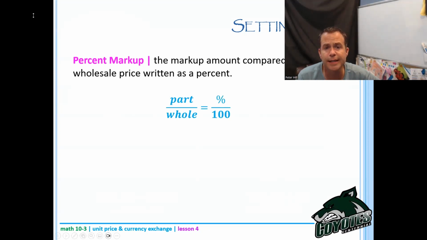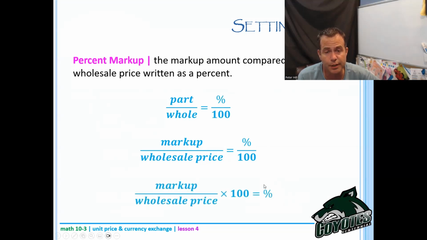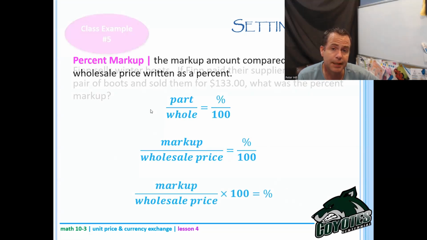The other way to look at that in this context would be the markup over the wholesale price. So if we're trying to figure out this percent, we're going to take the markup, divide by the wholesale price, and then multiply by that 100, and that's going to give us the percent we're looking for.